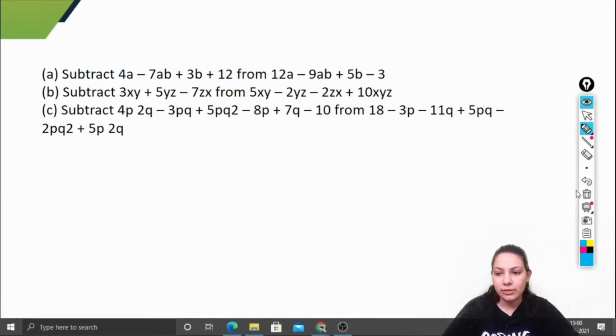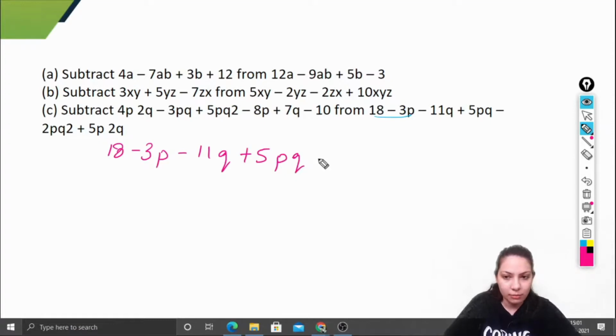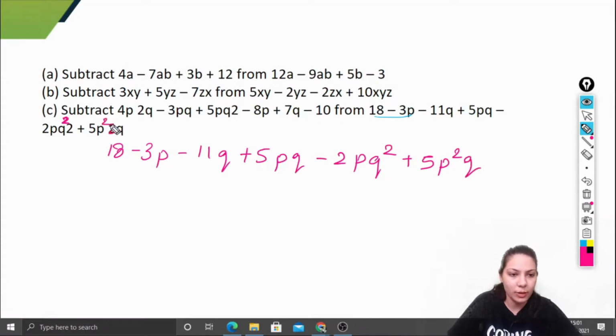Okay, let me erase this and let me write over the question. So we have to subtract this from this again, so this we will write over before. 18 minus 3p minus 11q plus 5pq minus 2p squared... pq square plus 5p square q, this is again square.